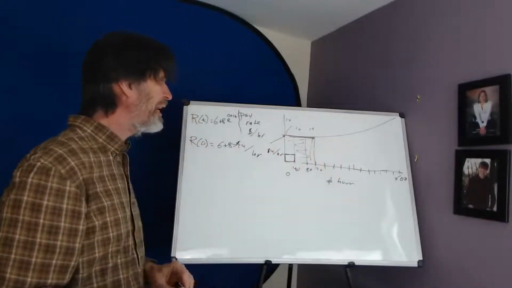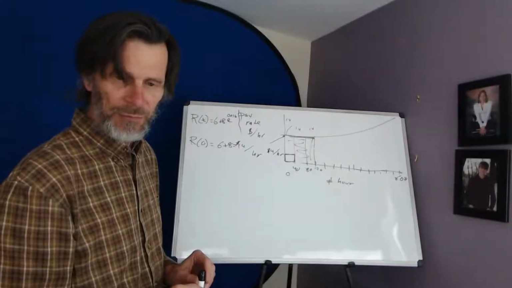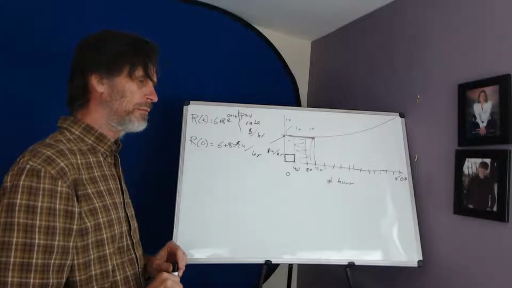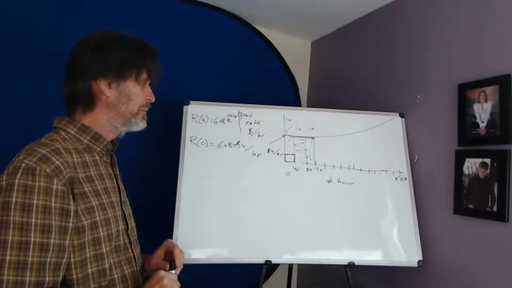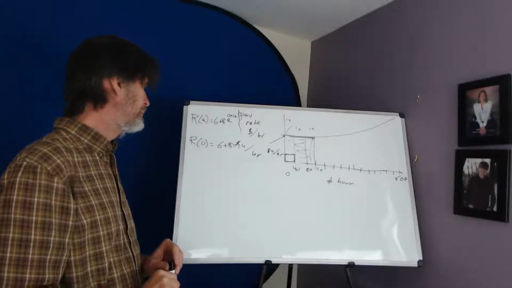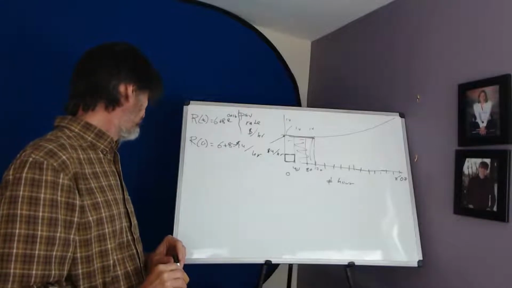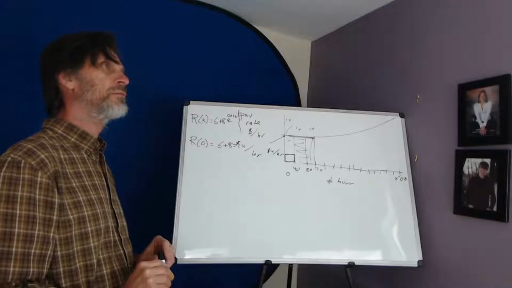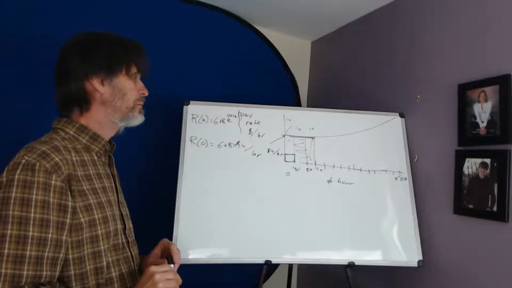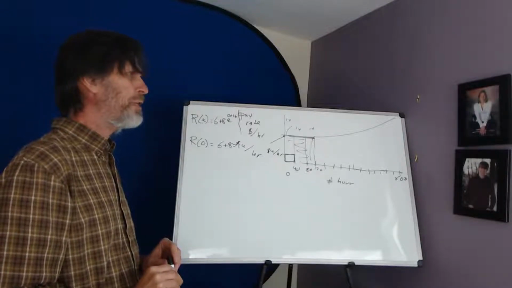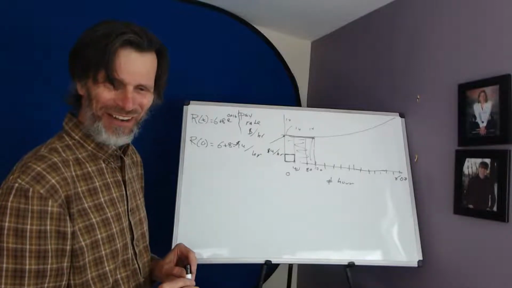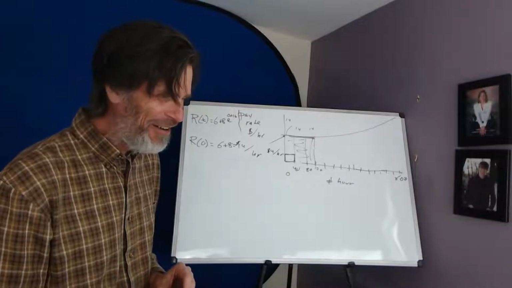How am I going to calculate the area under the curve? I think we're on our third day, maybe at least our second day of area under the curve. How do we find the area under the curve?